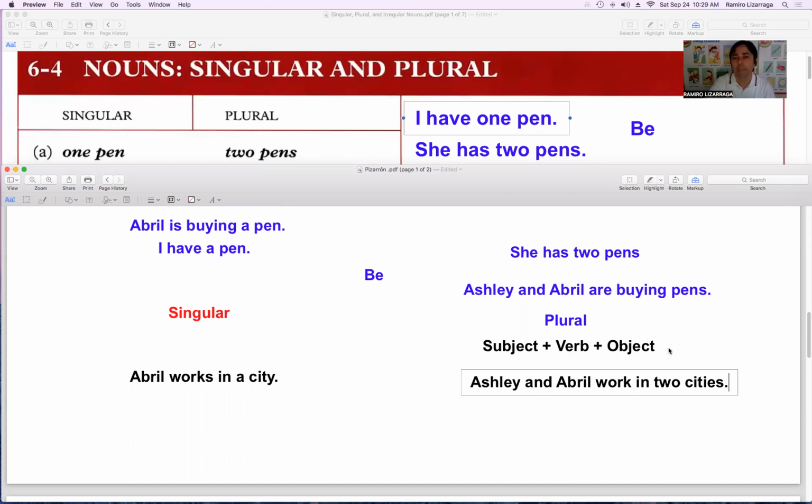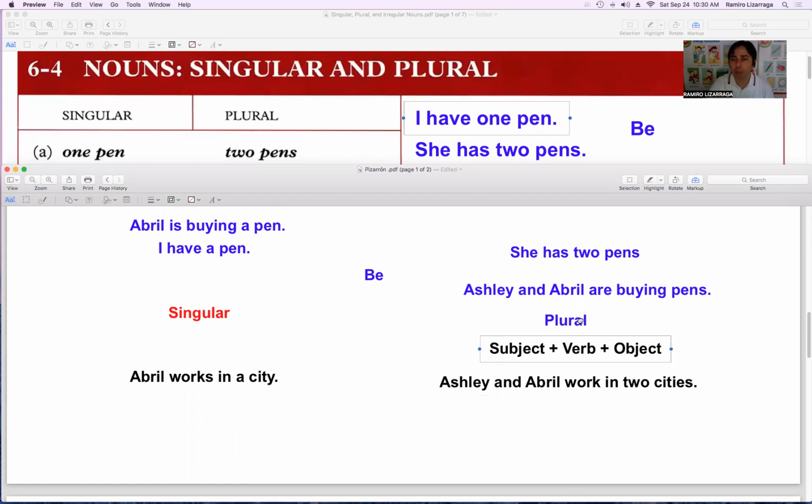Vean aquí. Entonces, mi sujeto es plural. It's a plural subject. The verb is a plural verb. And the object is plural. Entonces, vean cómo hice toda la oración plural. Plural, plural y plural, ¿sí?